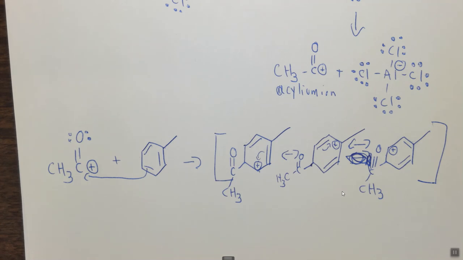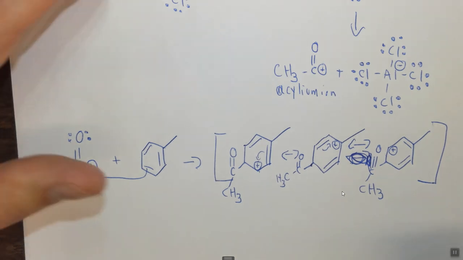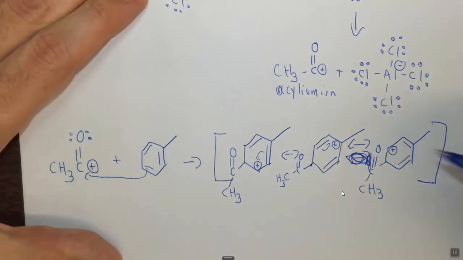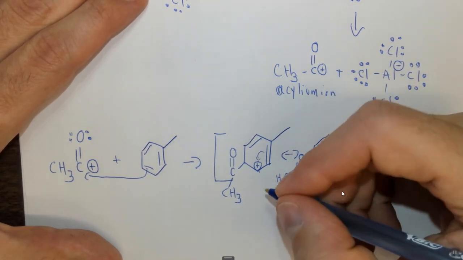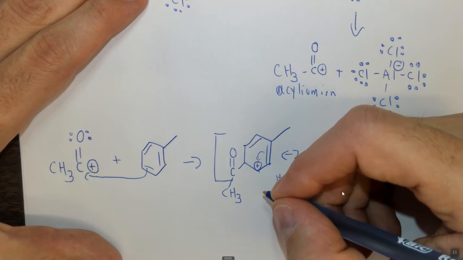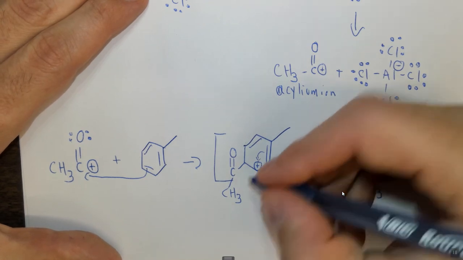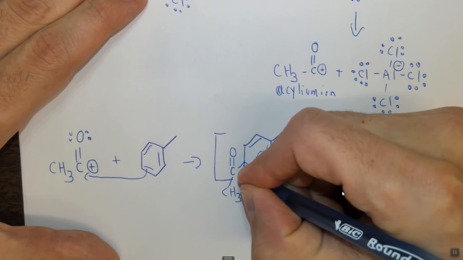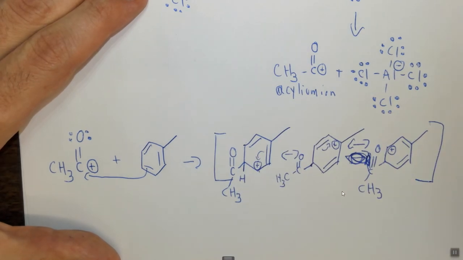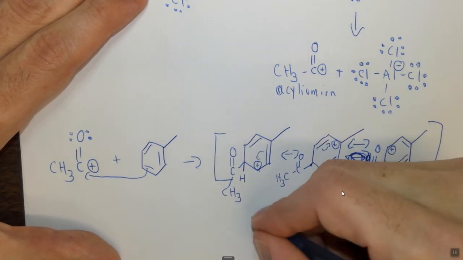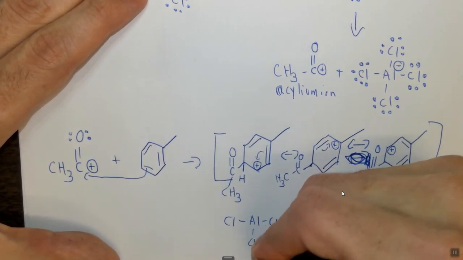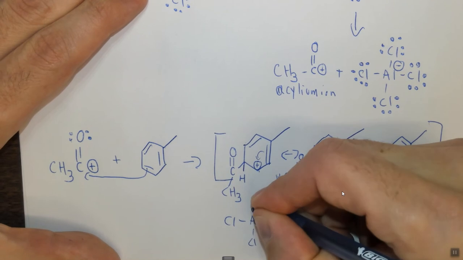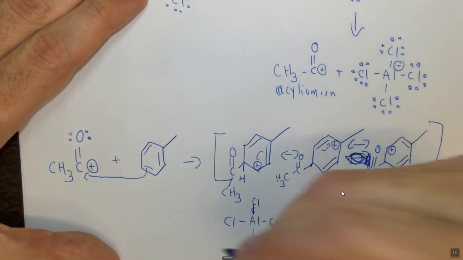All right, so now what happens? Well, we can pick essentially one of these resonance forms, but something is going to come along and take an H. So what I want to do is pick the original resonance form and explicitly show the hydrogen that's on it. Now I'm going to use my AlCl4 minus.